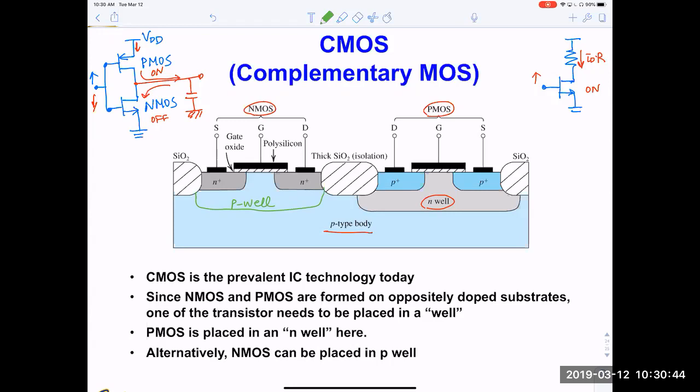Any questions so far? We will be transitioning from the physical picture into the models. We'll now focus on the large signal models, that is, when the voltage swings from rail to rail, from ground to power supply voltage, and then the small signal model, when we bias the transistor and the signal just varies adjacent to that DC bias value.